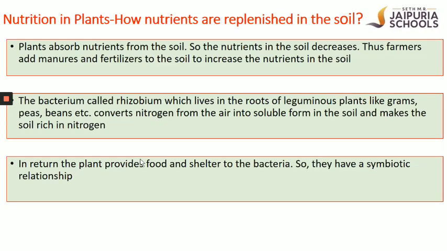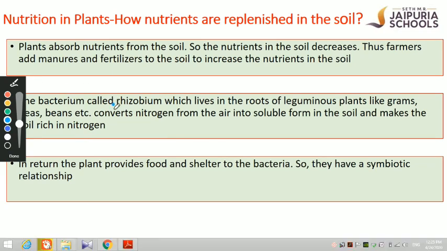We know that the atmosphere contains nearly 78% nitrogen gas, but that nitrogen cannot be directly used by the plants. So it has to be converted into some soluble form in the soil, which is then used by the plants. And this is done with the help of the bacteria named rhizobium.